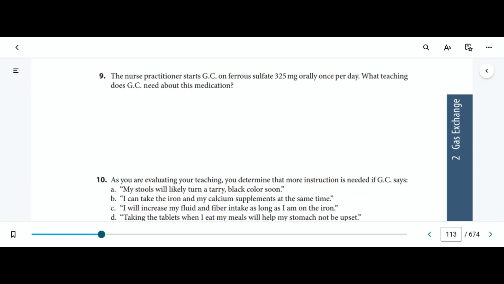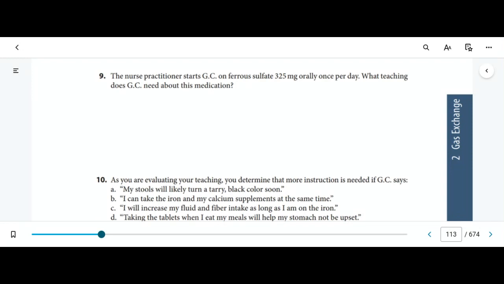What should she avoid taking it with? Right, any kind of dairy. And then it's constipating, right? So make sure she's aware of that.